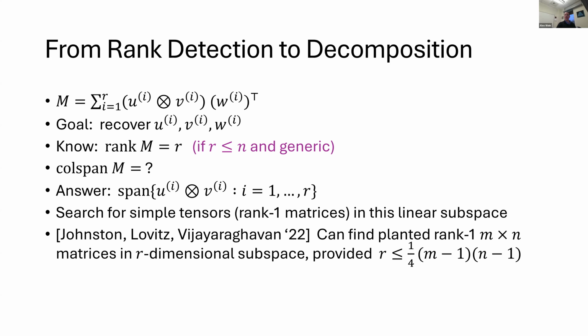There is a polytime algorithm to do this as long as the number of these rank 1 tensors you're looking for is smaller than something like M times N. And as an aside, with some of my PhD students, we improved the constant on this result. So that's essentially the strategy: to use this type of algorithm to pick out the certain vectors in the column span.